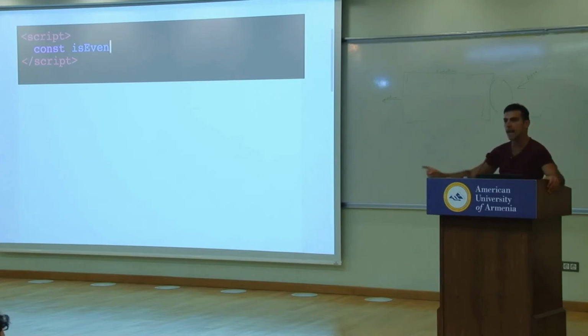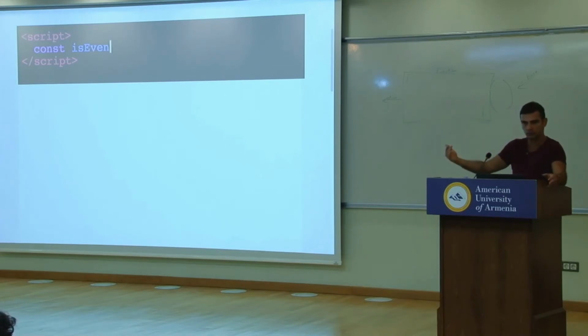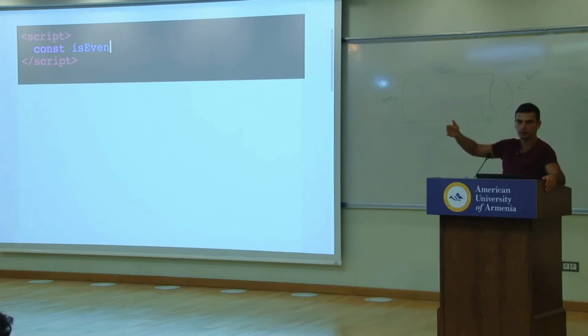By the way, as a naming convention, if a variable name begins with is, it probably has a Boolean result, right? Is male will return true if it's male, false if female. Is legal, is whatever, it's going to say yes or no, right? So whenever you have a function that returns a yes or a no, it's a good idea to lead with is. It just makes sense that way, okay?